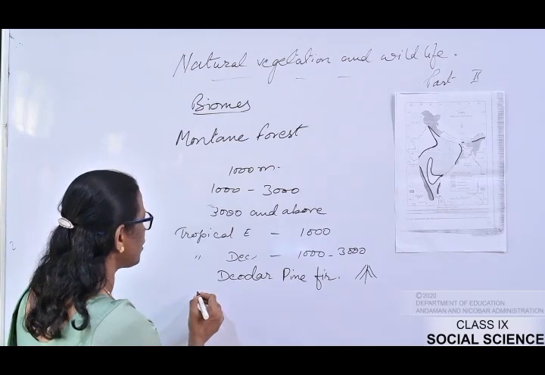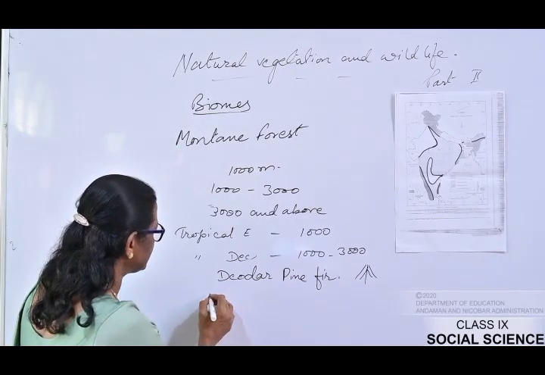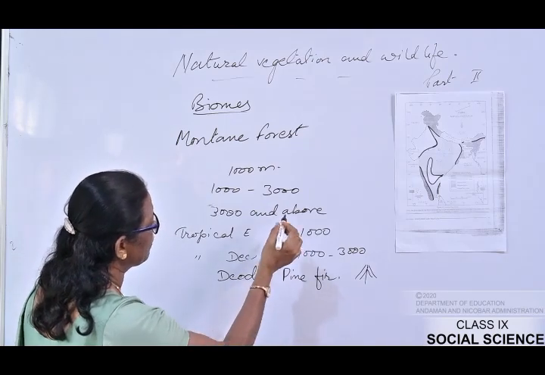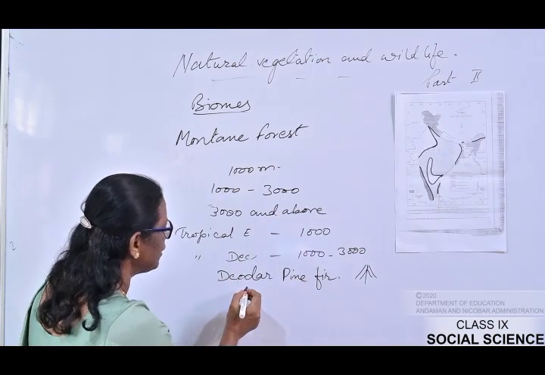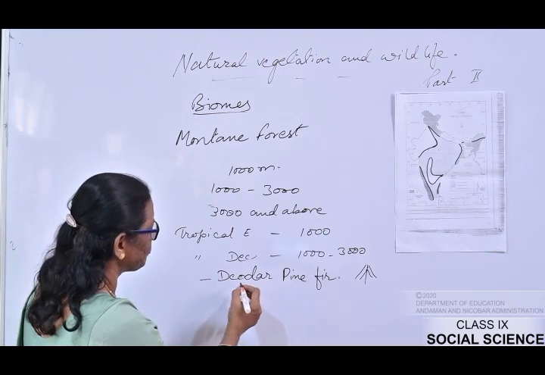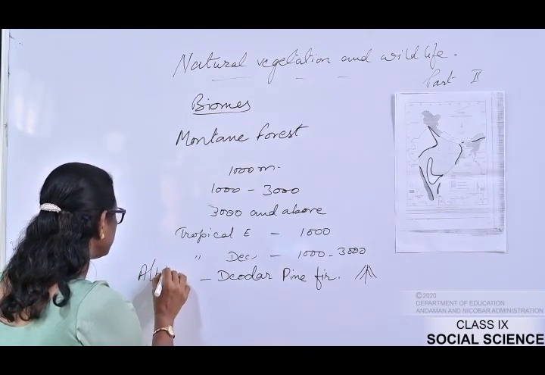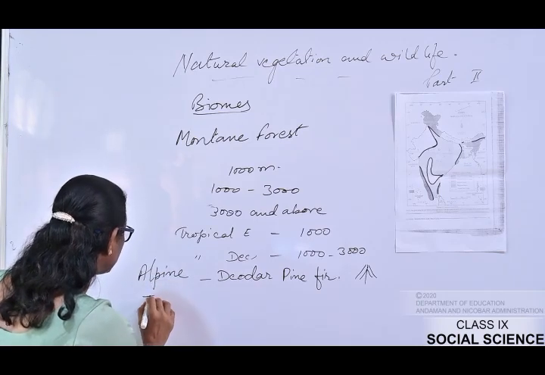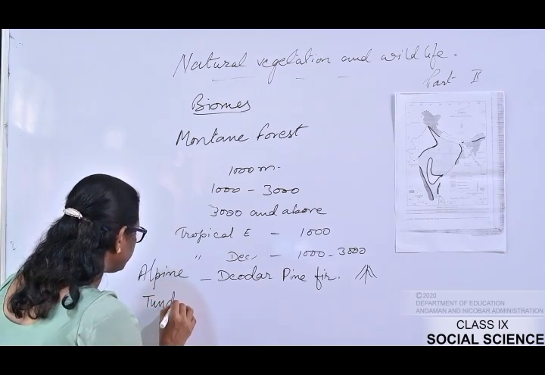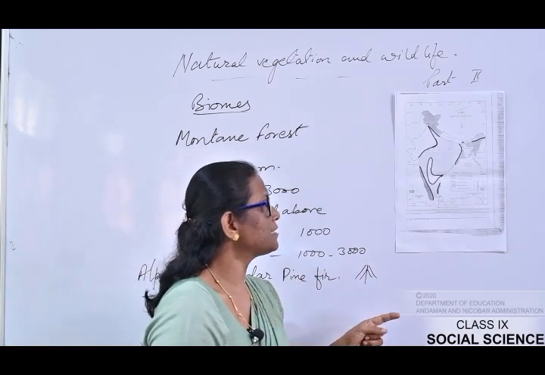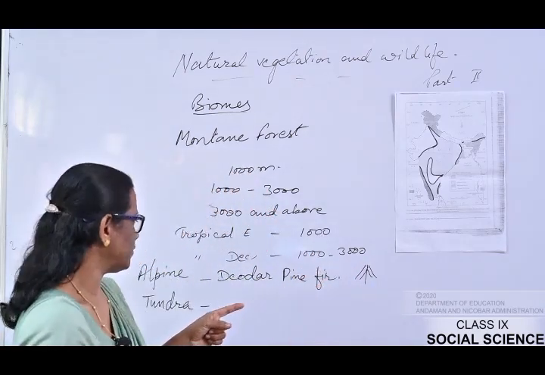Next is the Himalayan region, above 3000 meter height, one is alpine forest, and next is tundra forest. In this tundra forest, lichens are found and mosses are found.